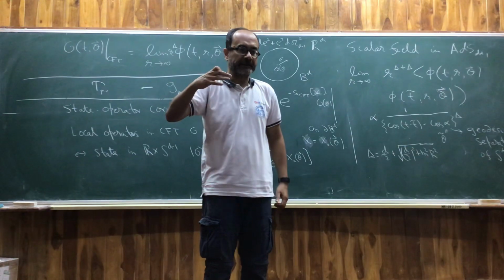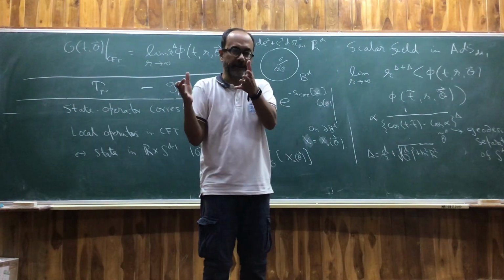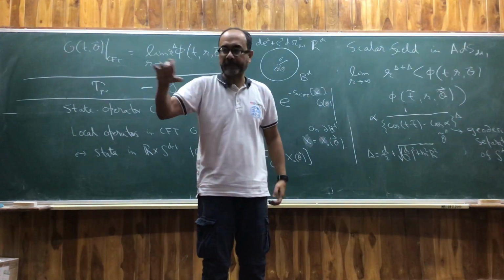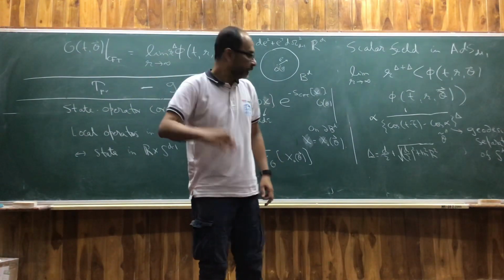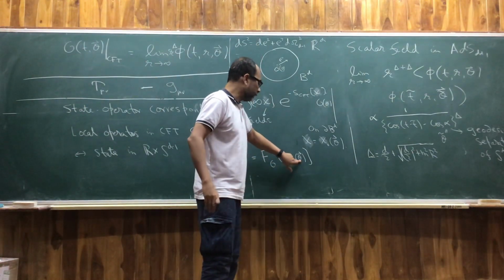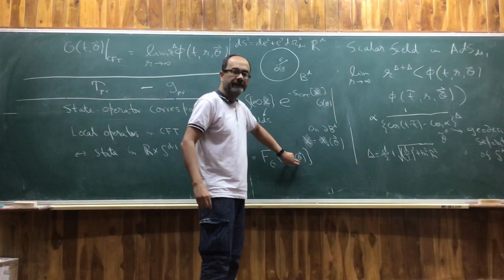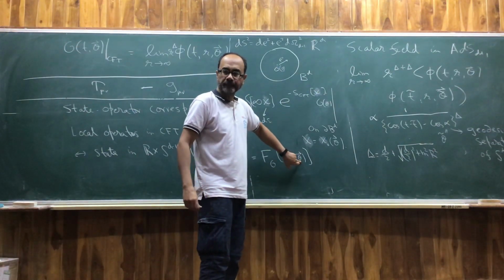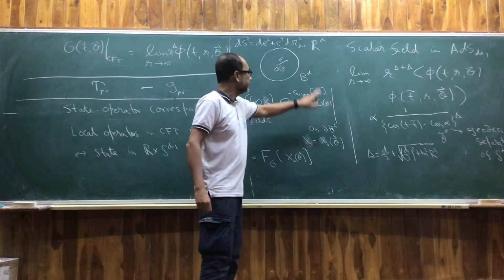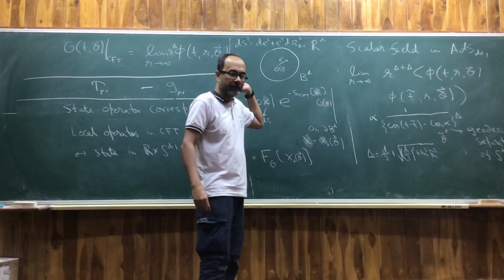When you define a wave function, you don't define it as a function of x of t, you define a function of x at a given time slice. So here we are doing it at chi 0 of theta, where theta takes value on S^{d-1}, on the fixed radius, which is 1 here.